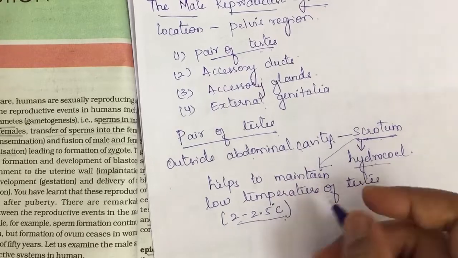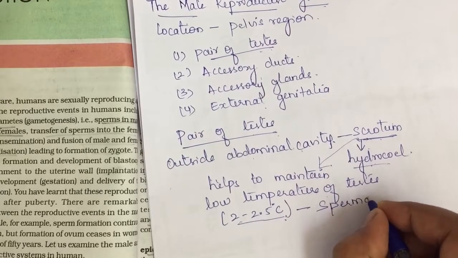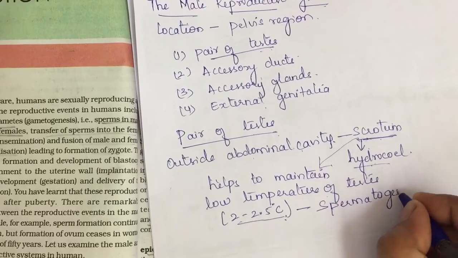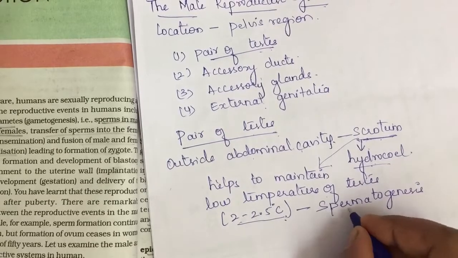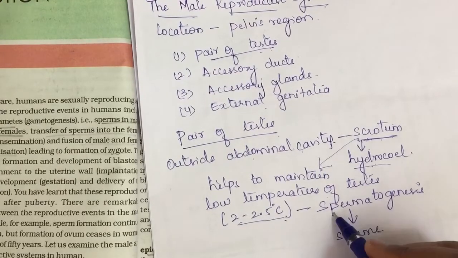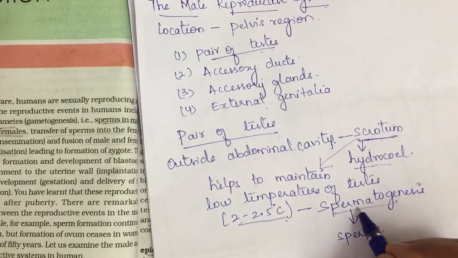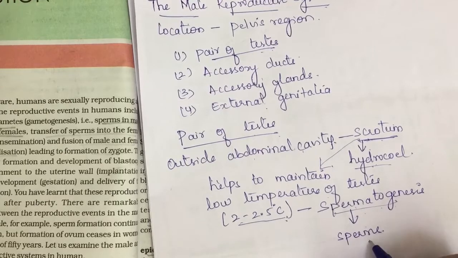It is required for spermatogenesis. Spermatogenesis is the process of production of sperms. It is nothing but gametogenesis, the process of formation of gametes, which we studied. Because it is producing sperms, we call it spermatogenesis.